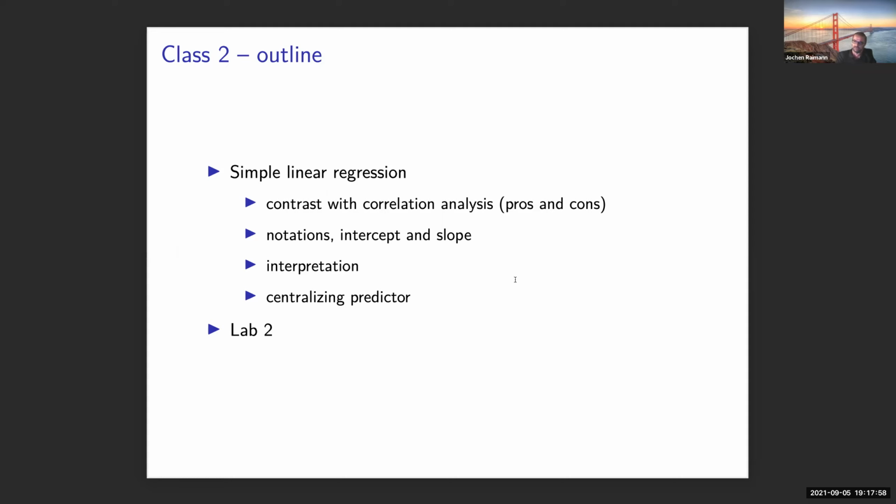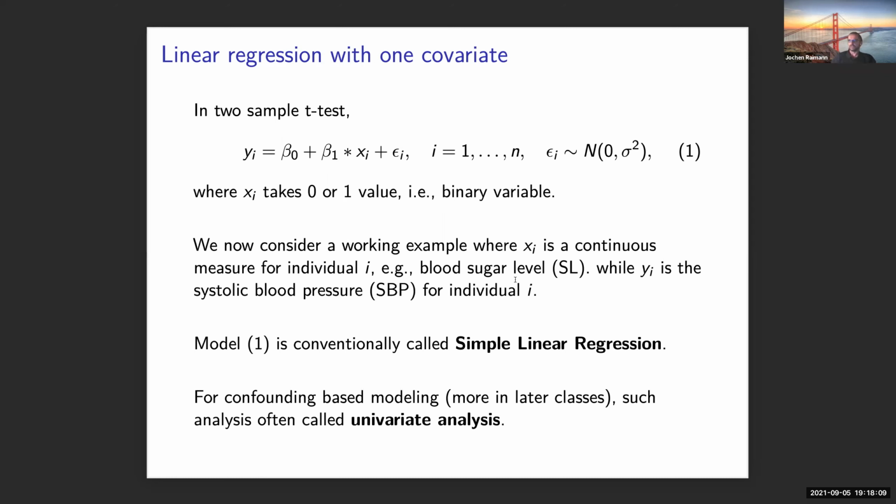Linear regression was one covariate. In a two-sample t-test, essentially you have a binary variable. You have a grouping that is a 0 and a 1, and you're comparing the means between both of these groups.